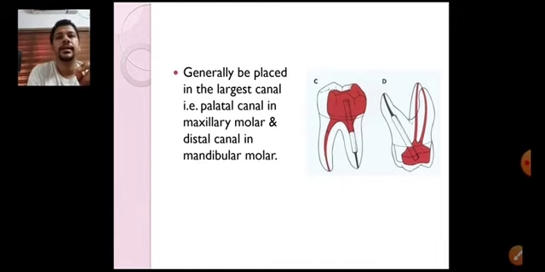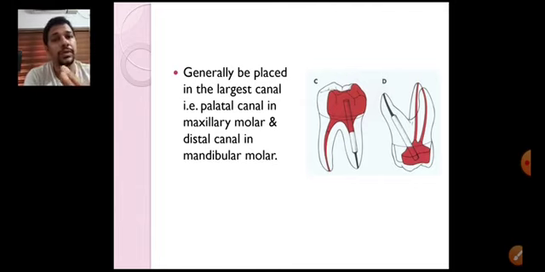Then in a maxillary molar, you are supposed to give the post in the longest and broadest root, that is the palatal one. And in the case of a mandibular molar, you are supposed to give the post in the distal root, which is longer and broader.